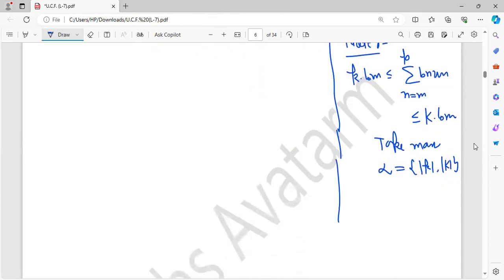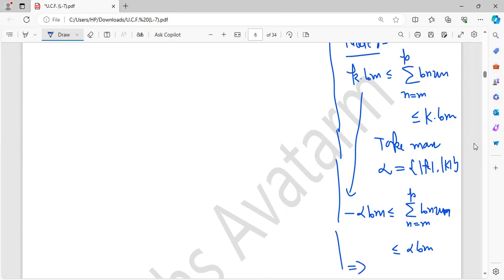Then what will happen? We can write it as alpha times b m, and the summation of b n u n is less than alpha b m.